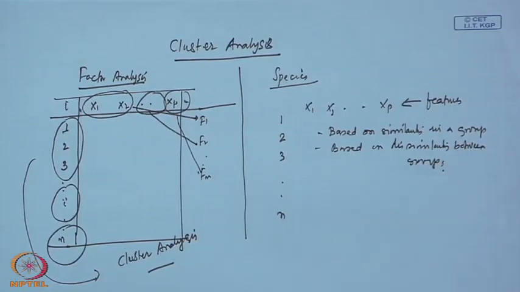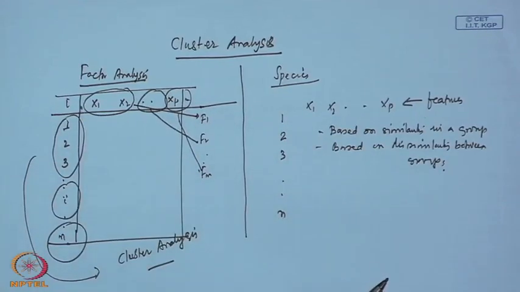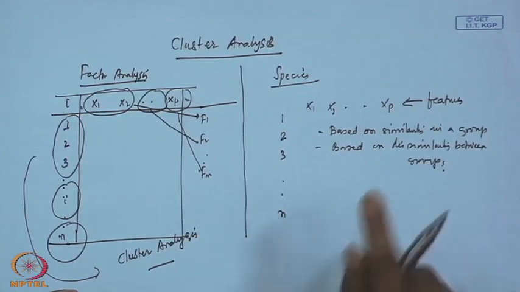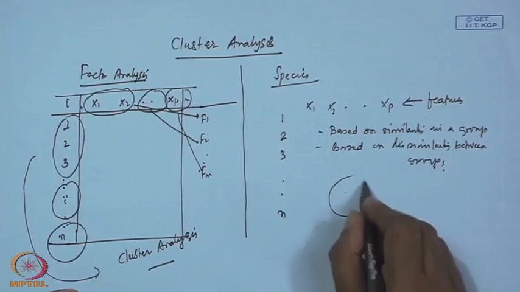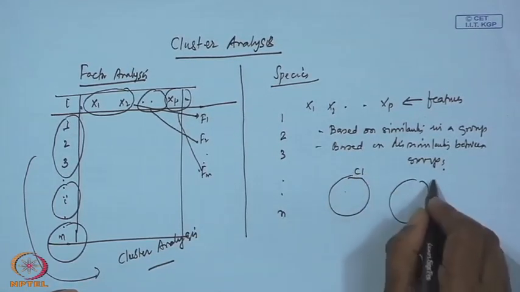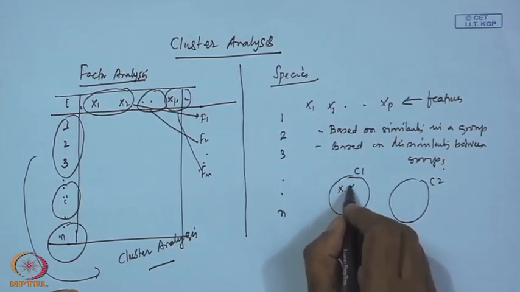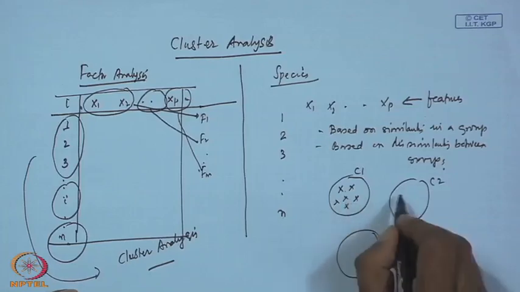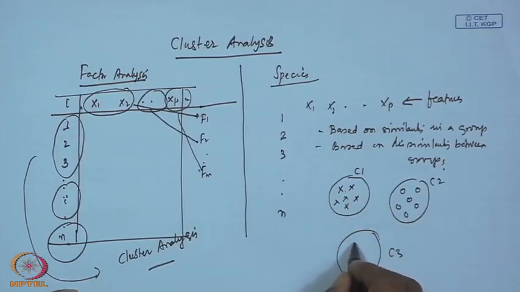That is the principle. So, you want to make clusters in such a manner that whatever objects or items you group in a particular cluster, say cluster 1, there is another cluster, cluster 2, and there may be another cluster, cluster 3. There are several items grouped here, here also, and here also.